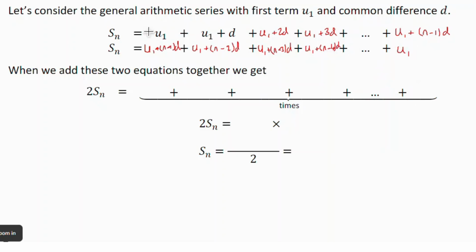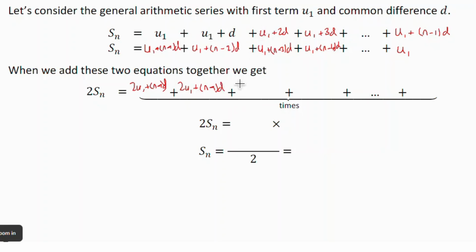And then when we add these two together, on the left hand side, Sn plus Sn is 2 Sn's. And on this side we get 2 u1s plus n minus 1 times d. And here we get 2 u1s plus, we've got n minus 2d's plus an extra d, well that's n minus 1d.